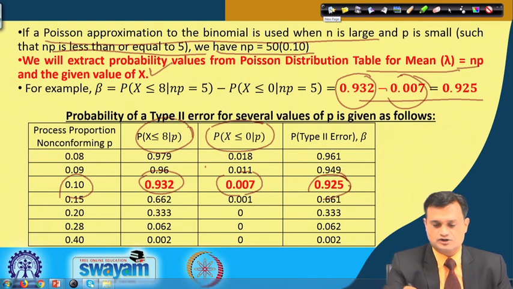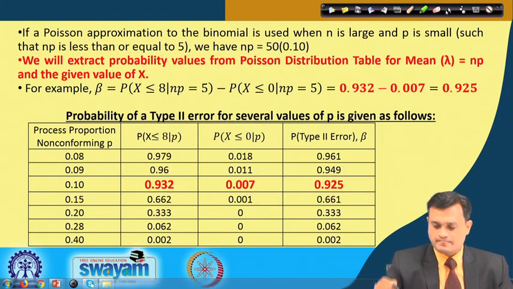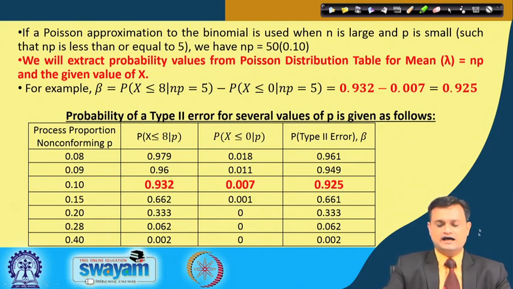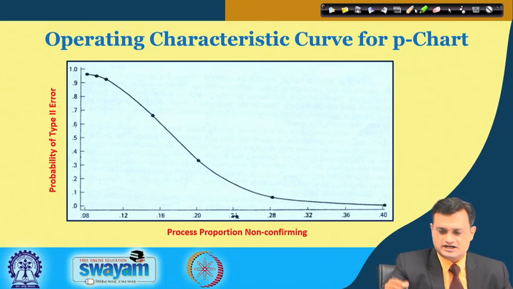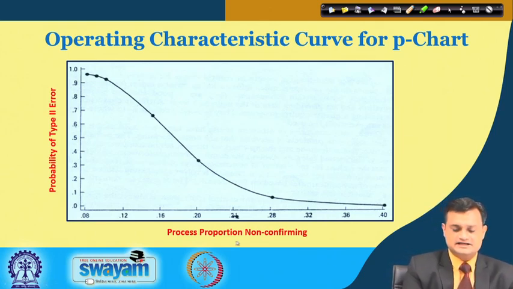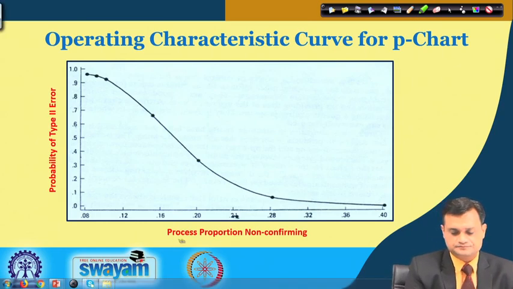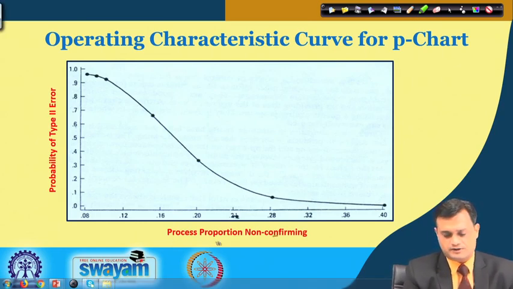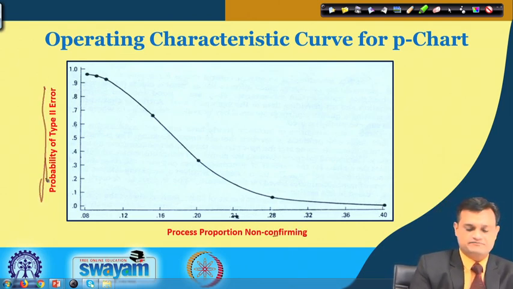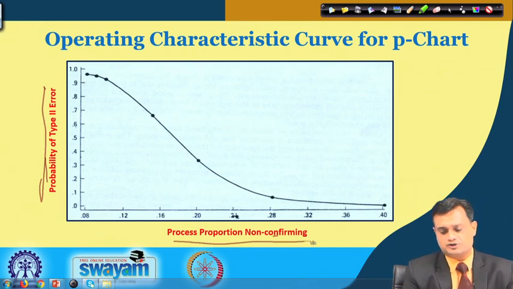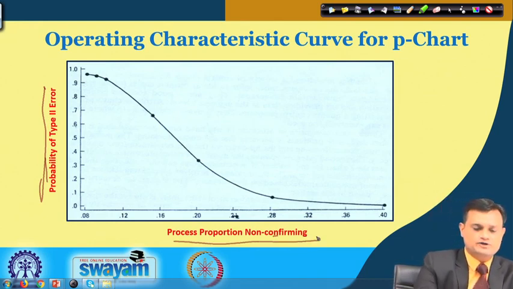and this comes out to be 0.925. So, this is what you can extract from the Poisson table, and now what you do, you plot it. So, my OC curve would look like this. I have process proportion non-conforming here and probability of type 2 error here, and what you get?